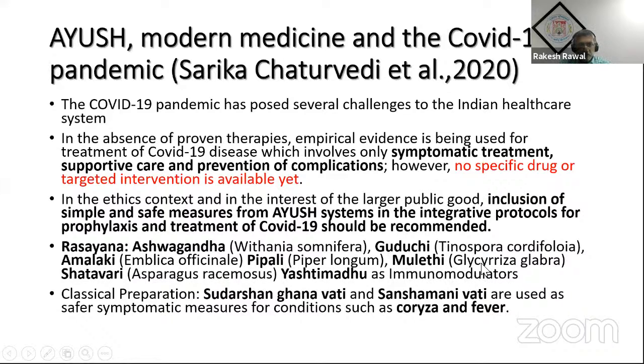People have used these and they protected themselves, their immune system. And there are some classical preparations. So these are individual immune modulators, whereas there are certain classical preparations which have more than one, like Sudarshan Ghanvati or Samshamani Vati. So these are more popular these days.